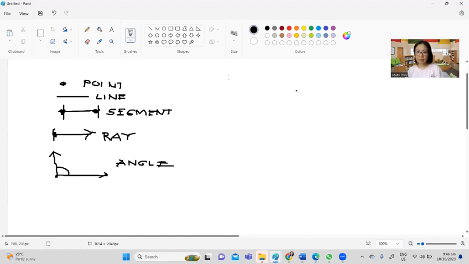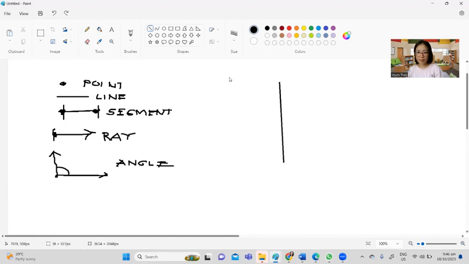In this picture, I can make a straight line here. I'm using the graphic pen and I cannot control it right now, so I'll be using this one.